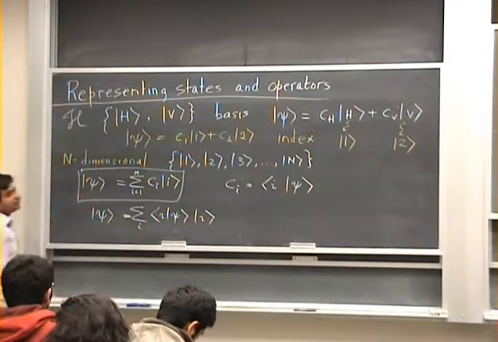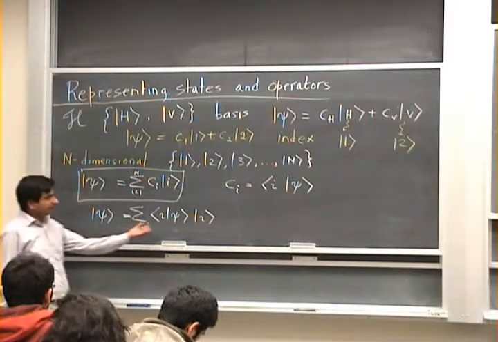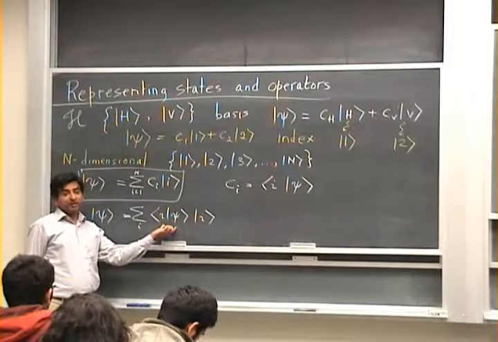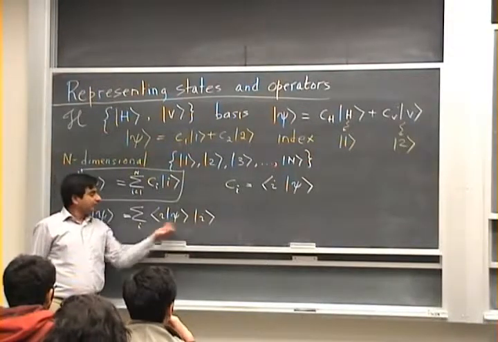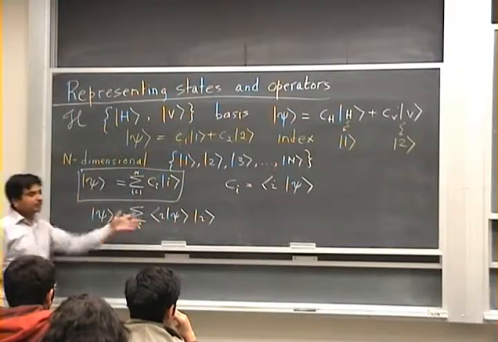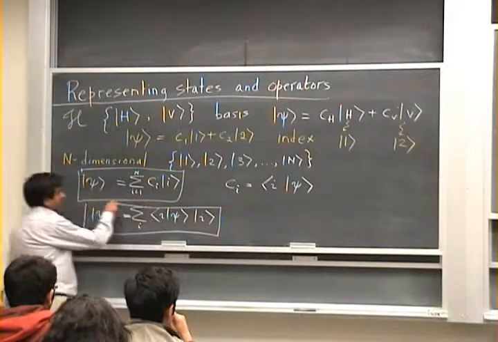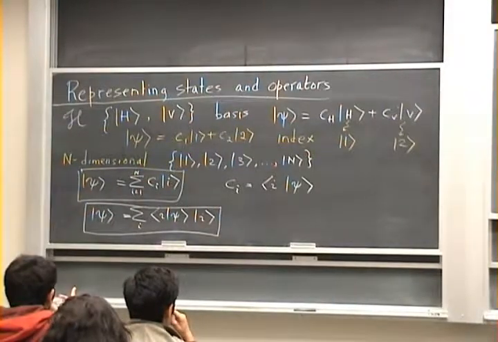So this is an alternative way of writing down the quantum state. An inner product, which is just a scalar number, could be a complex number, which is the probability amplitude for the basis state, and then you sum up over all the basis states to get the total quantum state. Okay?